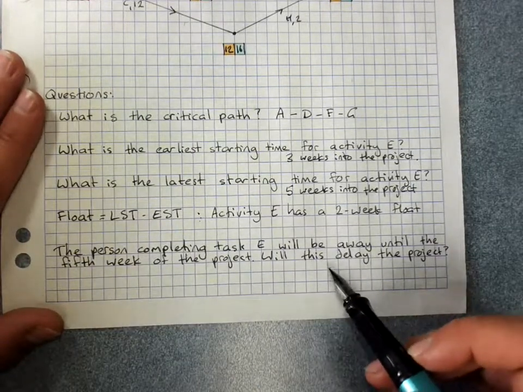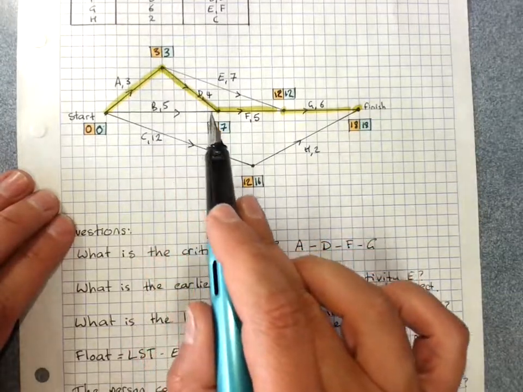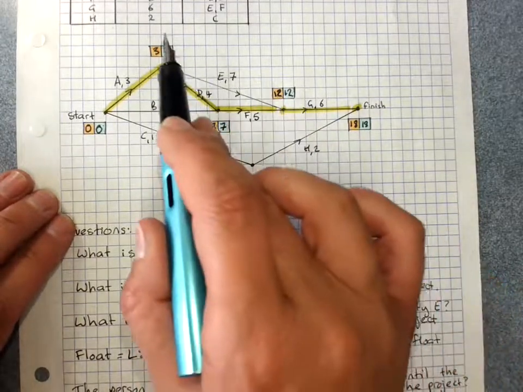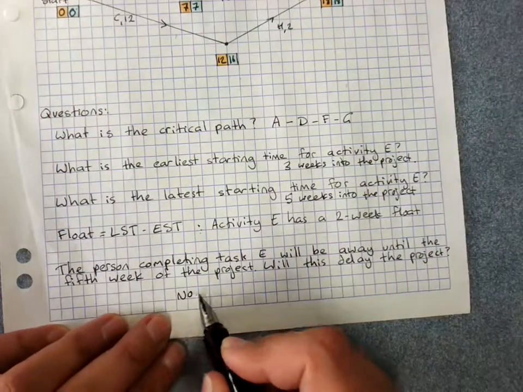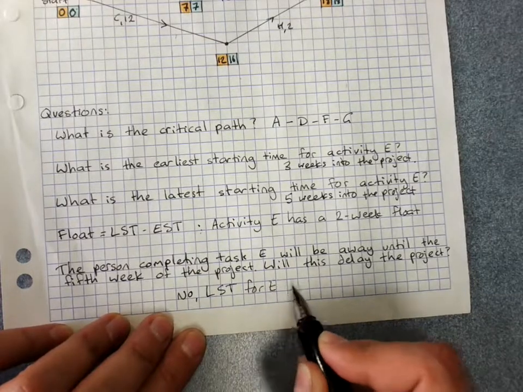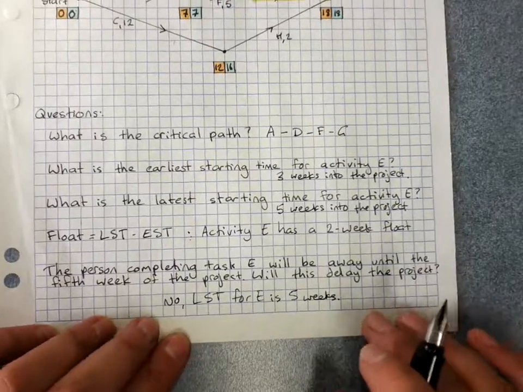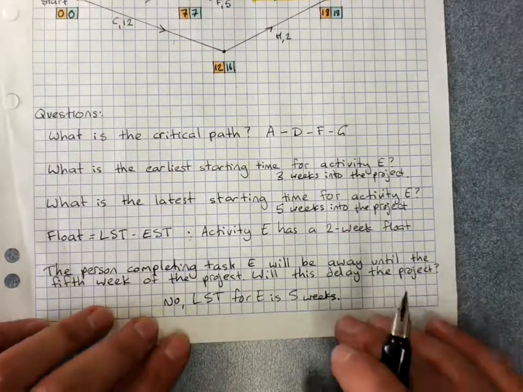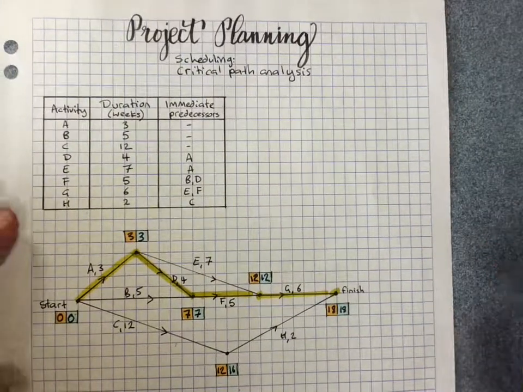Will this delay the project? It won't. Even though we see a 3 here, that's indicating it's for D. We've checked that there's some float time on E. So, no, because latest starting time for E is 5 weeks. So as long as they're back until the 5th week, everything's okay. So that is critical path analysis.